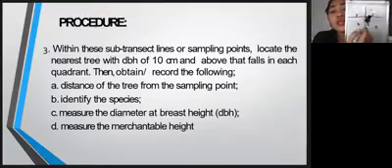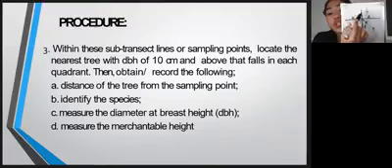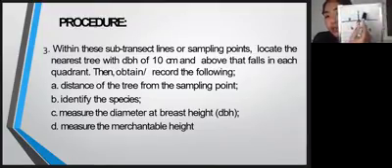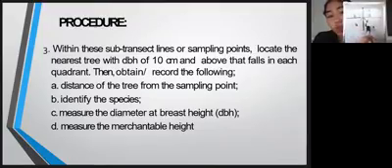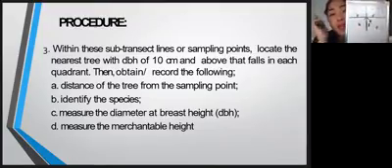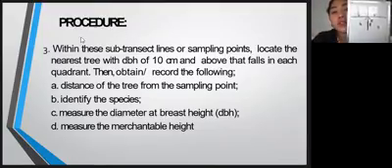Area nga kaning you have to subdivide it into 4 imaginary quadrats. So north, south, east, west. So you have quadrat 1, quadrat 2, quadrat 3, and quadrat 4. So imaginary quadrats man na sila.